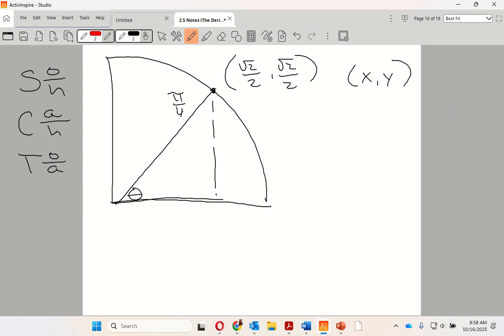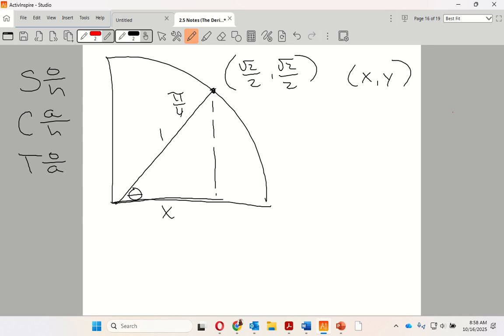Okay, so we want to know cosine, right? Cosine is adjacent over hypotenuse. Adjacent would be this value. My hypotenuse is this value, which on my unit circle is always 1, isn't it? So adjacent over hypotenuse is x divided by 1, which is just x.